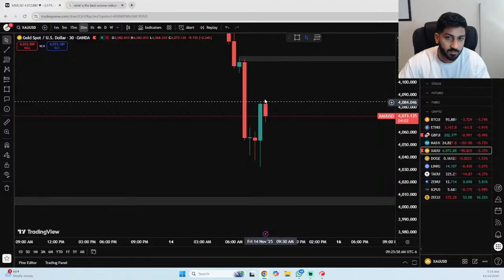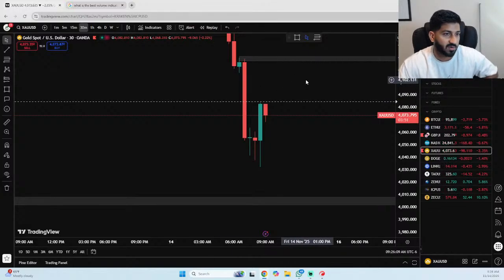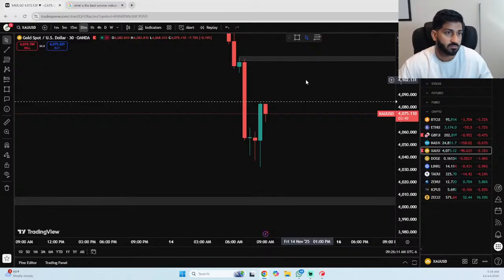I'm expecting the price to continue to push down after a wick down, but if it closes above, then I'm most definitely looking for opportunities to take it all the way up to 41.18. It's whatever the market gives you, you have to keep your bias on that. That's the reality.